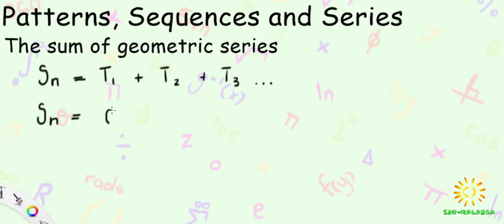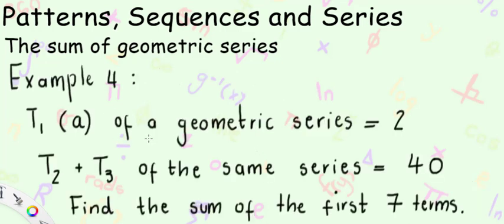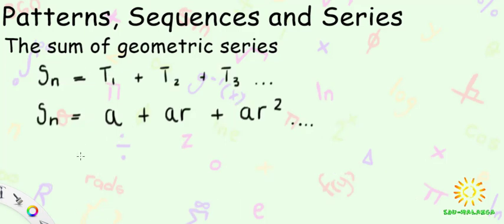You have a, that's your term number 1, plus a times the common ratio, that's your term number 2, plus a times the common ratio squared, and that's your term number 3, and it keeps on going, and that's how you get your series.